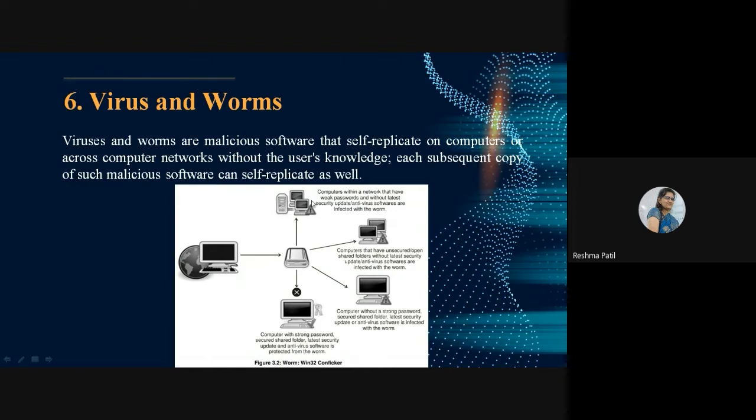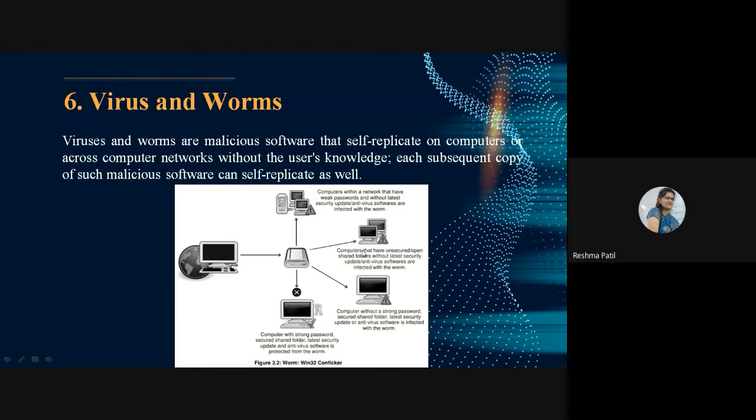If you are using a weak password, that is the first weakness or vulnerability. The second weakness is that the latest security update or antivirus is not available. This security update is for your operating system and also for your antivirus, and it is not available. You are using an old version, so new viruses are coming that can infect your computer. So this is the first case when your computer can get infected with the worm.